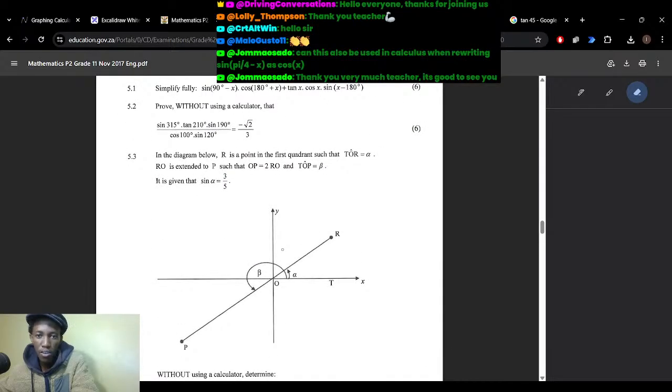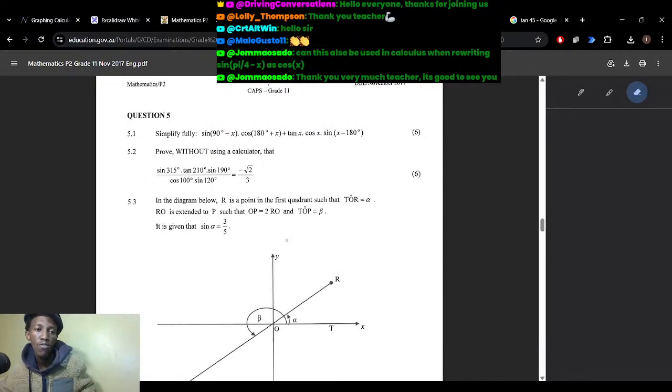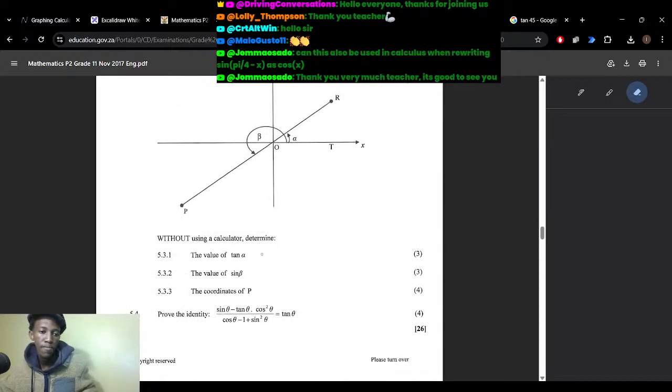That was our last question for the day. Due to time, we were planning to stop at 7:30, and it's 7:20 now. So tomorrow we are going to start by doing 5.3.